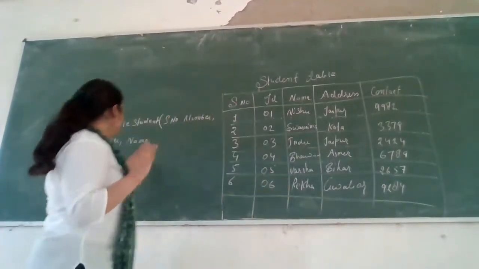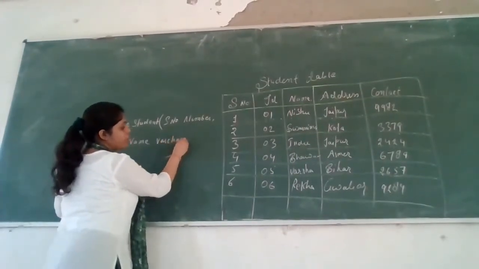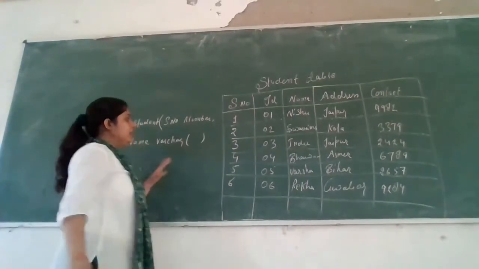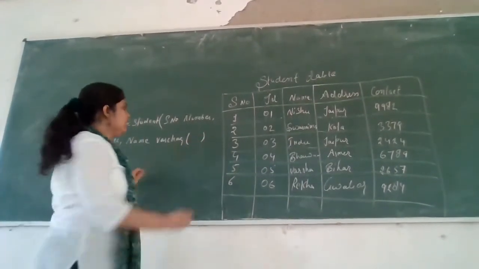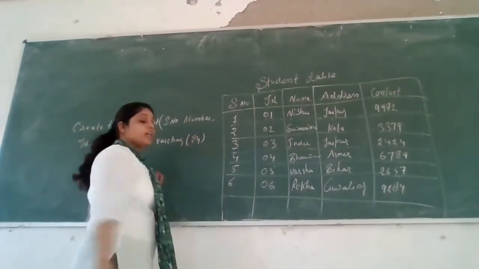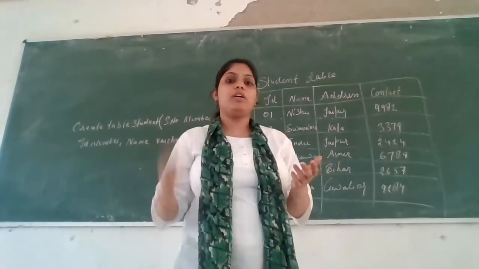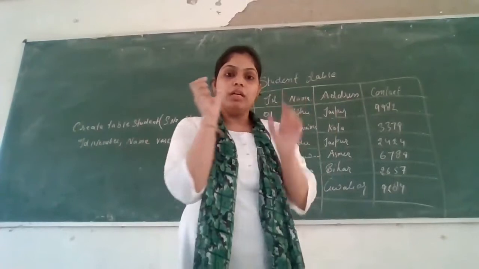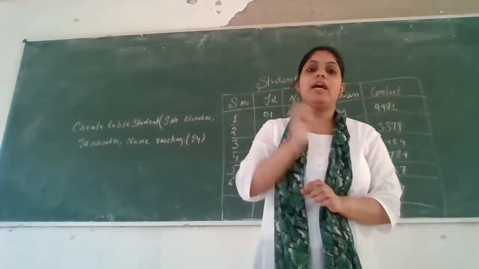Now we use name as varchar. Var stands for variable and char stands for character. Then we give a data size, like 24. Why? Because your address, like D26 Bapu Nagar, Jaipur, Rajasthan, pin code 302001, contains 27, yeah, 28 characters.